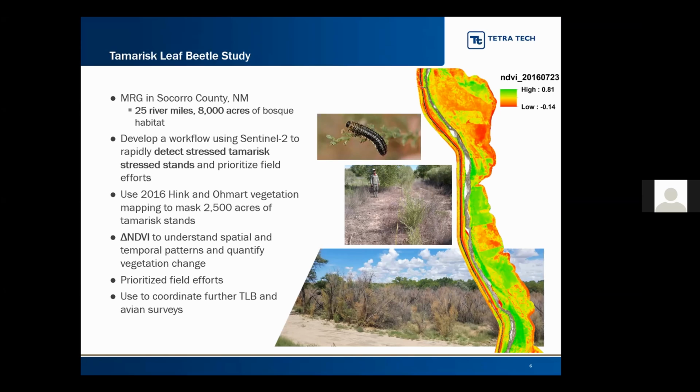And we conducted a difference of the NDVI over about 30 different Sentinel scenes to construct that temporal trajectory and understand what was happening at these sites. So the raster on the right there with the scale bar is one scene from late July of 2016, just showing what an NDVI raster looks like.